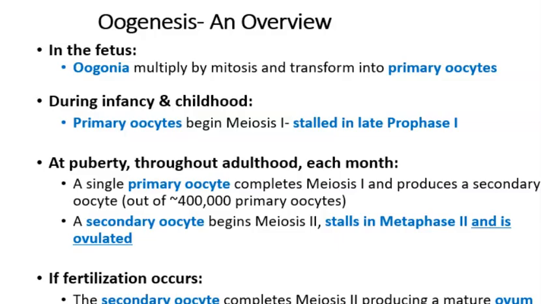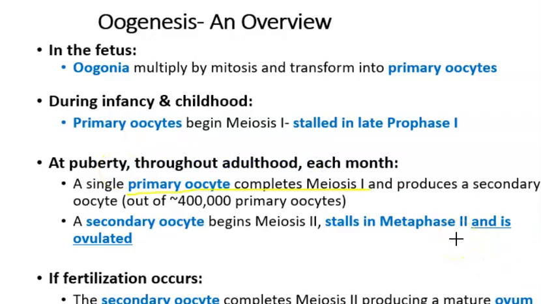Then at puberty, throughout adulthood each month, a primary oocyte can complete meiosis 1. Now it's going to depend on what follicle it's in. If the follicle has been recruited, then it will do so. So at puberty, a single primary oocyte will complete meiosis 1.